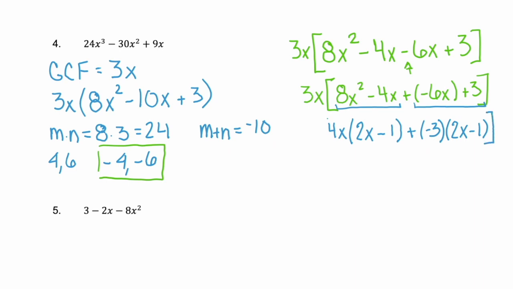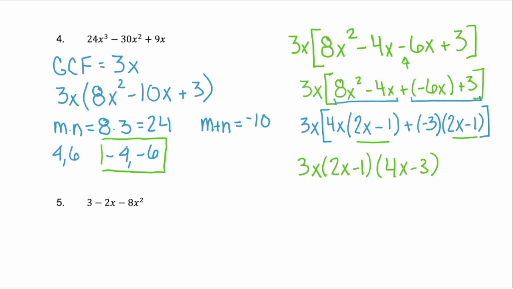Put it all inside brackets and bring down our GCF. Now we need to factor out that binomial that these two terms have in common. If we factor out the 2x minus 1 binomial, we're left with the binomial of 4x minus 3. And we bring down our GCF.